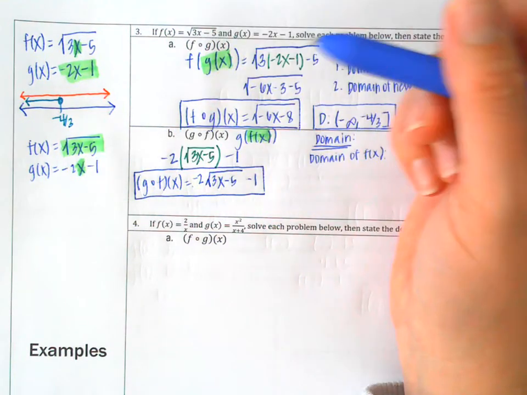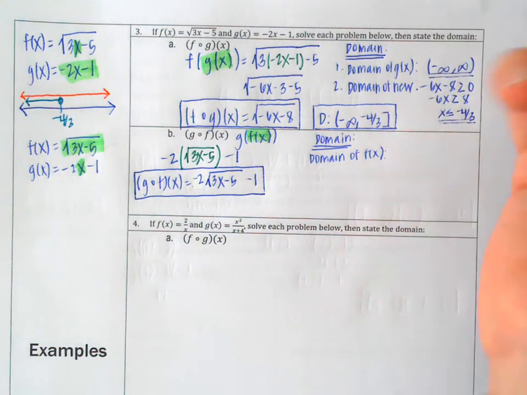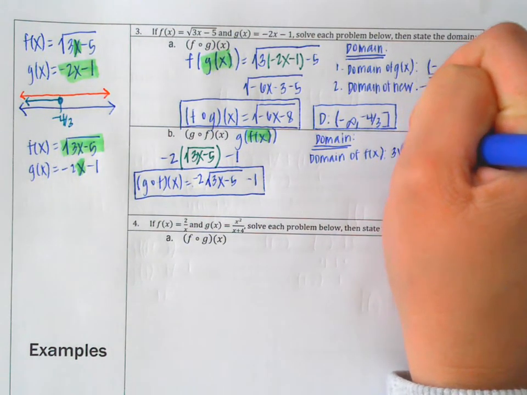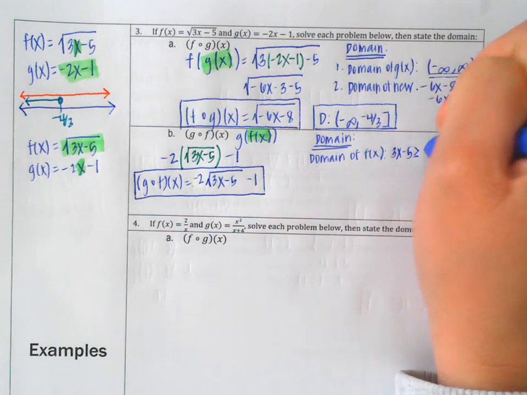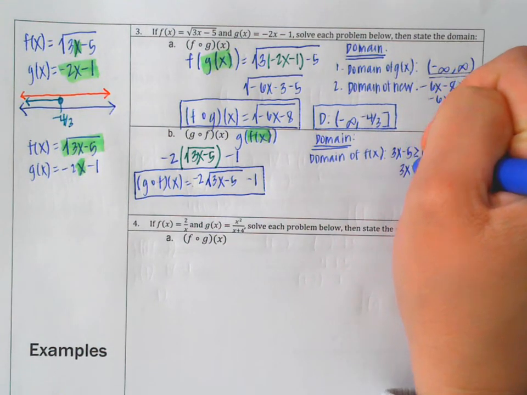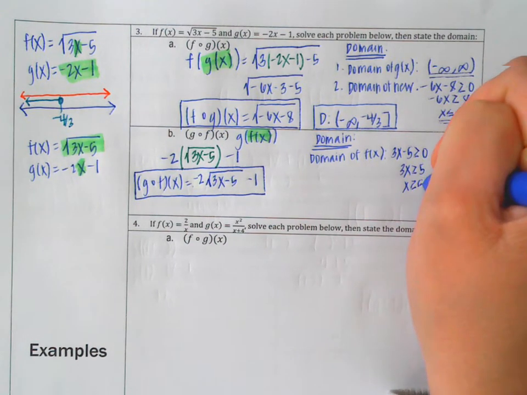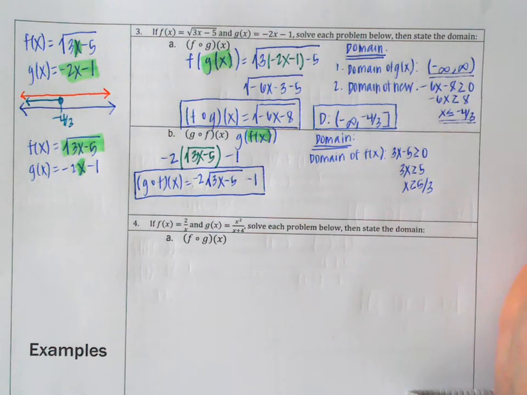That one is a radical function. So we take the inside, which is 3x minus 5, and set it greater than or equal to 0. Then we can solve for x. We add 5, divide by 3, and I get x is greater than or equal to 5/3.